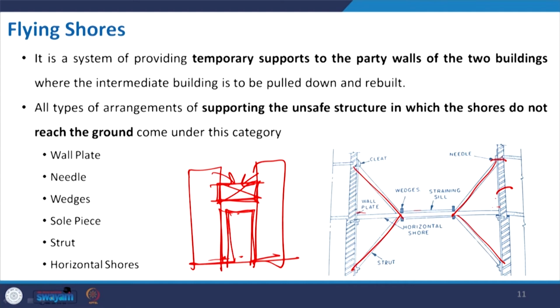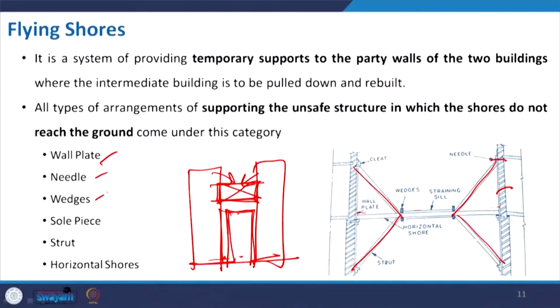You can just imagine two walls coming towards you, and you put your hands and apply pressure to keep them separated. Something like that. So, wall plate, needle, wedges, sole piece, strut, and horizontal struts are the members of this. In this case, the arrangement is of a single shore.